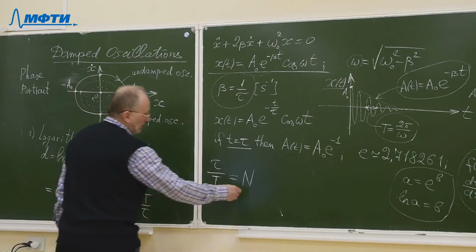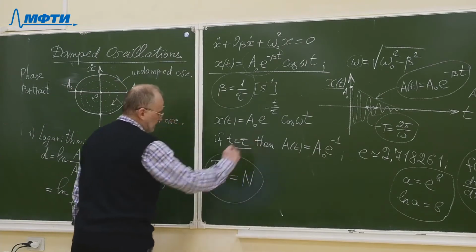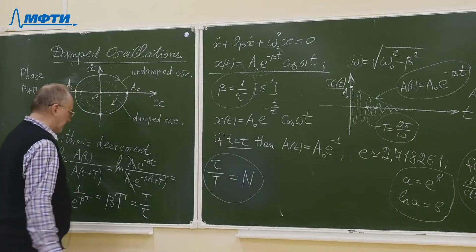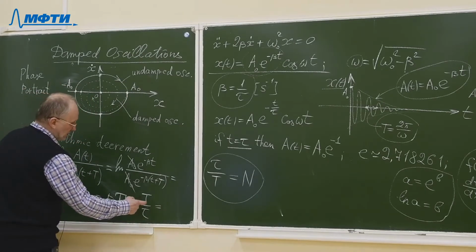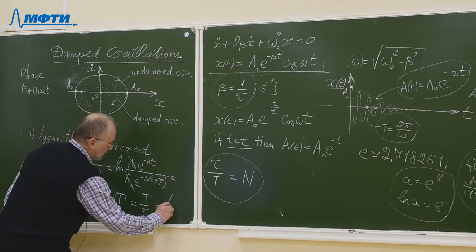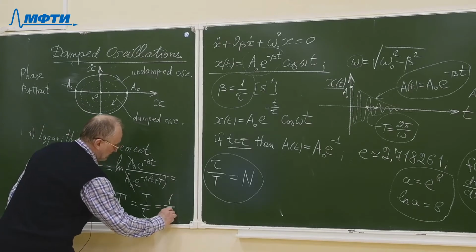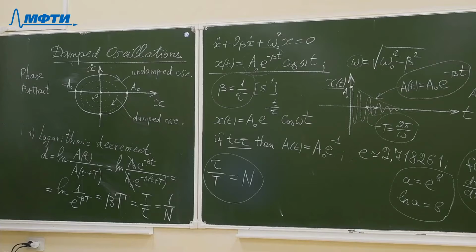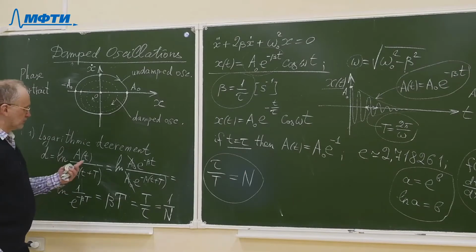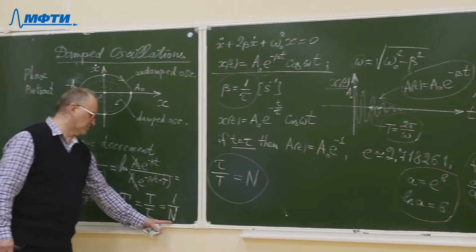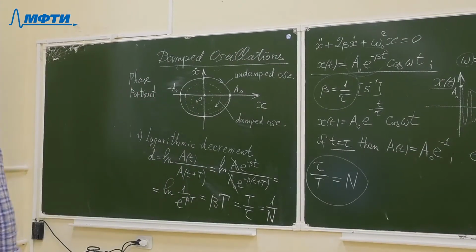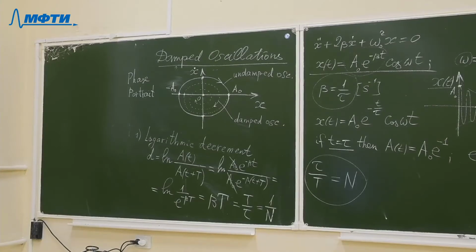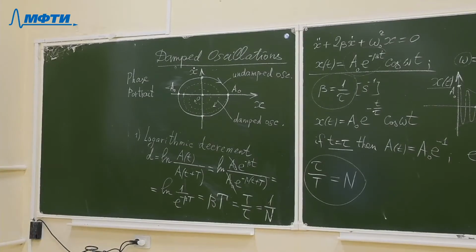So tau divided by T has a clear physical meaning, and here we have T divided by tau, so that will be 1 divided by N. That is the meaning of logarithmic decrement.